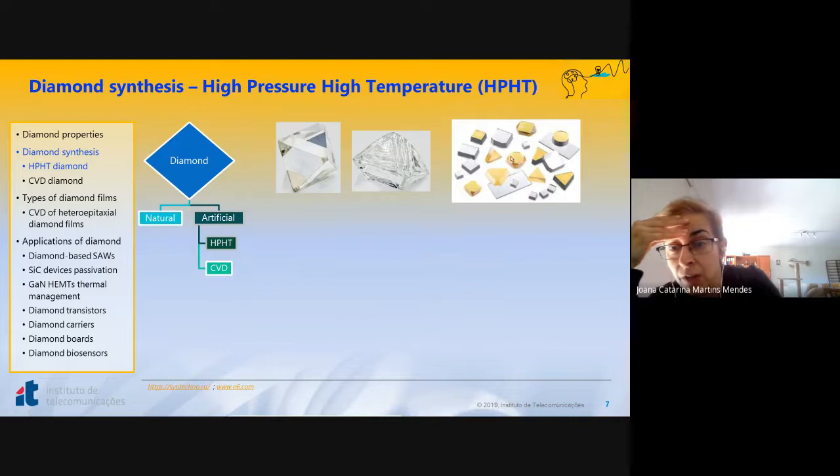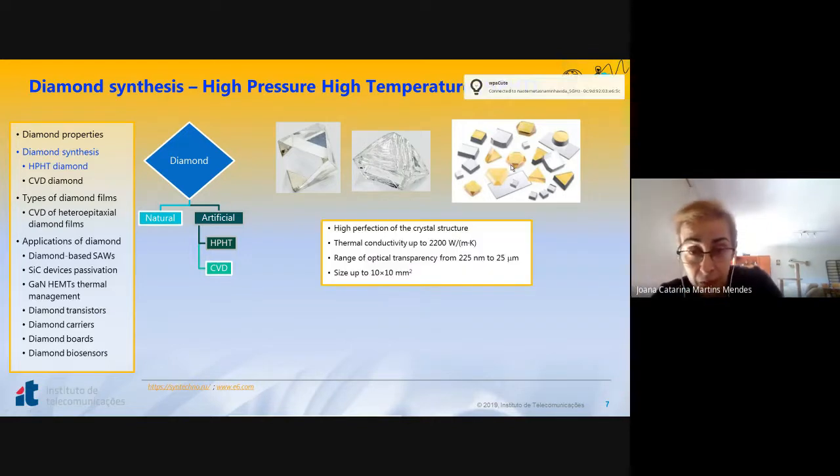Okay, the yellow color comes from the impurity, the nitrogen impurity gives diamond this yellowish color. And these films are very perfect in terms of crystalline structure. They have a very high thermal conductivity. They are optically transparent, and they are available in sizes up to 10 times 10 square millimeters.